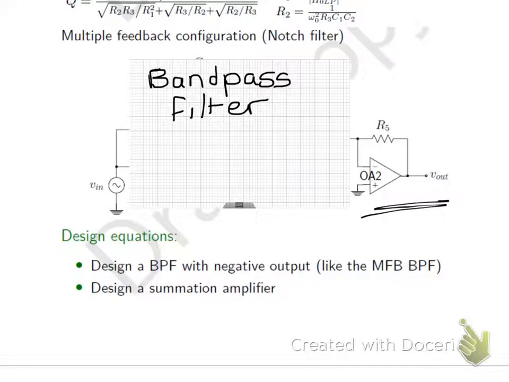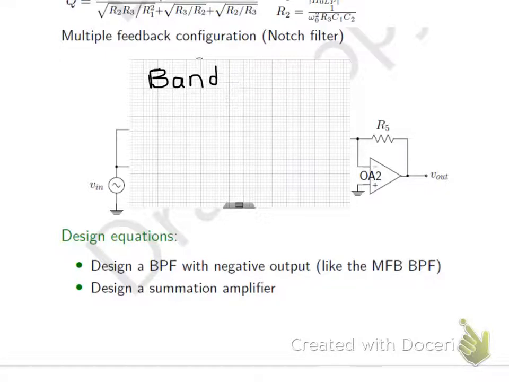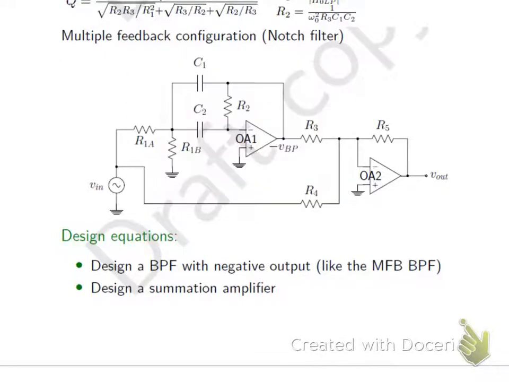So now you know why this topology is a notch filter. Because as we said, your notch filter for multiple feedback is your bandpass filter with a summation amplifier. So the next time you see that multiple choice question, you won't even need to think about it because now you know it's going to be a notch filter.